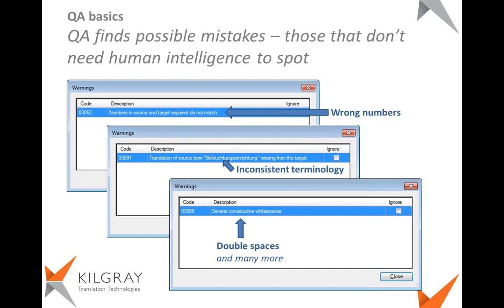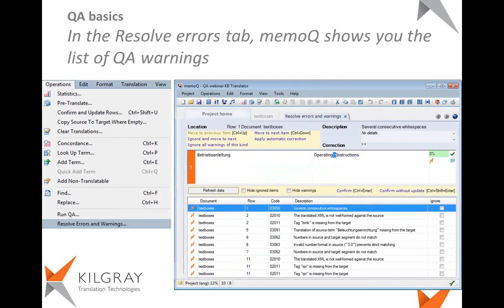So what I want to say with this is that there is still no formalized connection between checking that doesn't need human intelligence and checking that does need human intelligence. This is a research topic we are currently working on. I work together with PhD students even. But today we talk about what is available, and that is the so-called traditional QA tools that spot mistakes that don't need human intelligence.